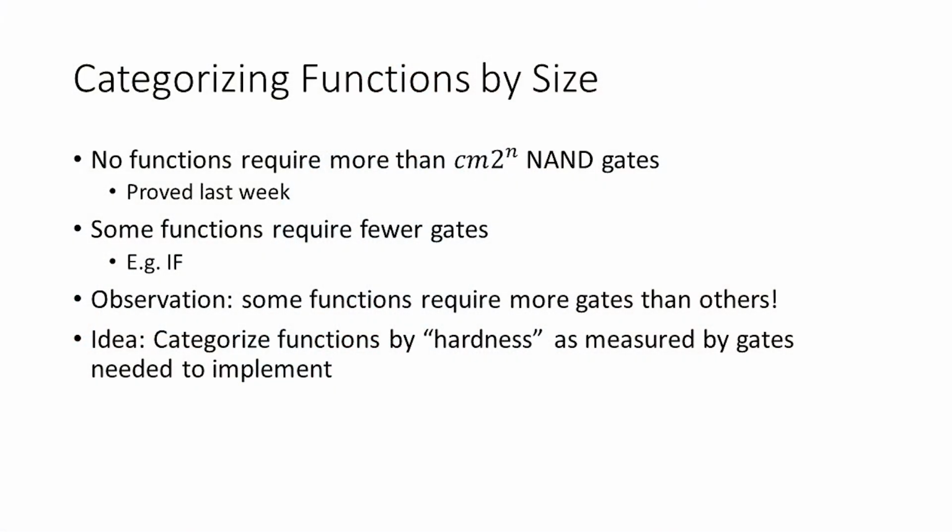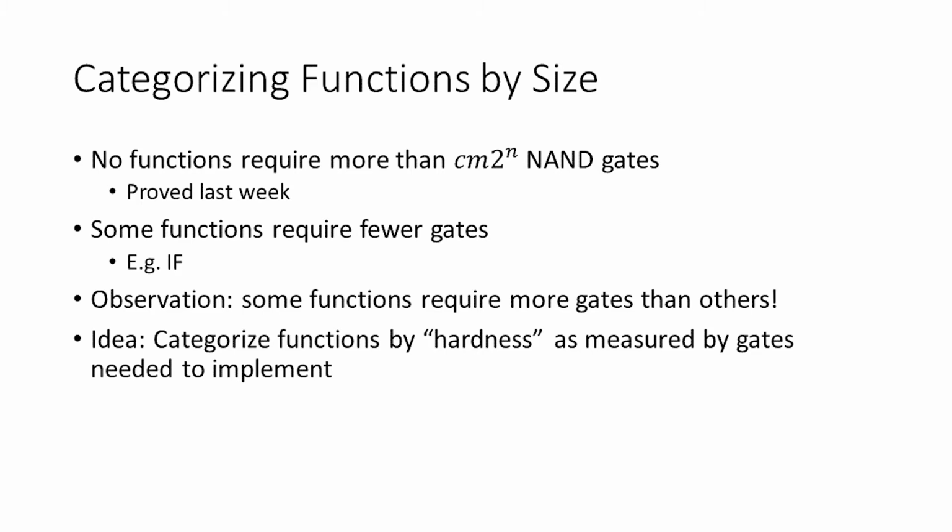So as an example where we've already been able to demonstrate membership in some complexity classes, we proved last week that we could implement any finite function with n input bits and m output bits using c times m times 2 to the n gates or fewer.